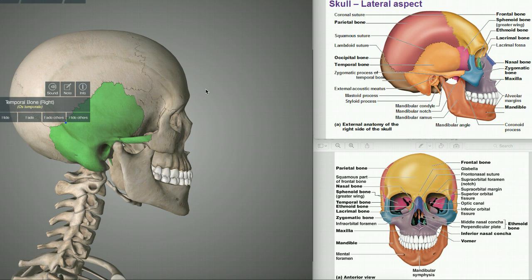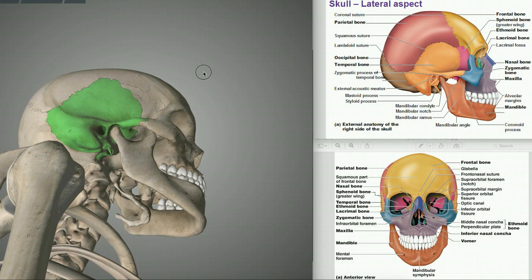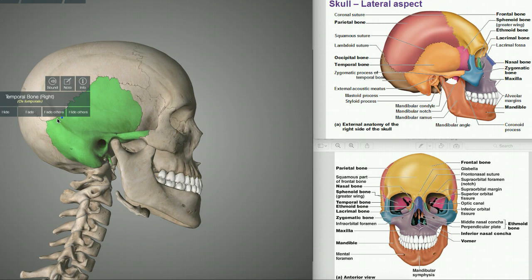If I fade the others, this pointy bit here is the styloid process, and this is the external acoustic meatus. This is where your ear canal and your earwax build up. And the bumpy part you feel just behind the back of your ear is known as the mastoid process.